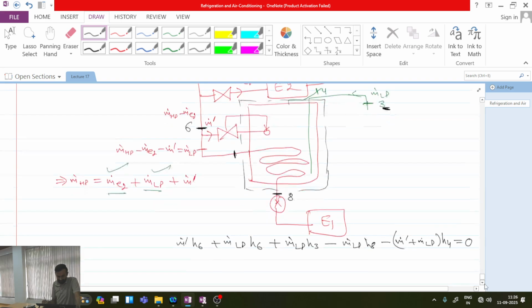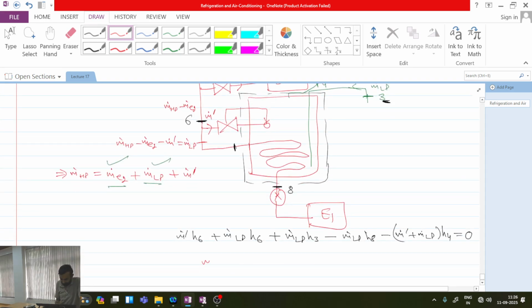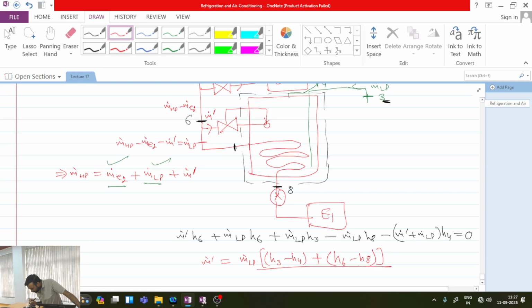If you do this energy balance, you will find from here that m dot dash is equal to m dot LP into (H3 minus H4 plus H6 minus H8) divided by (H4 minus H6).